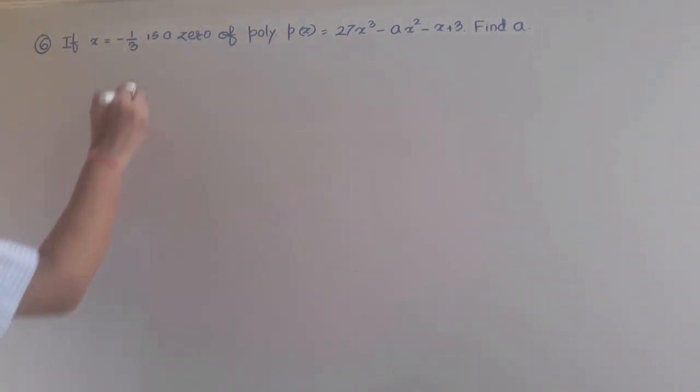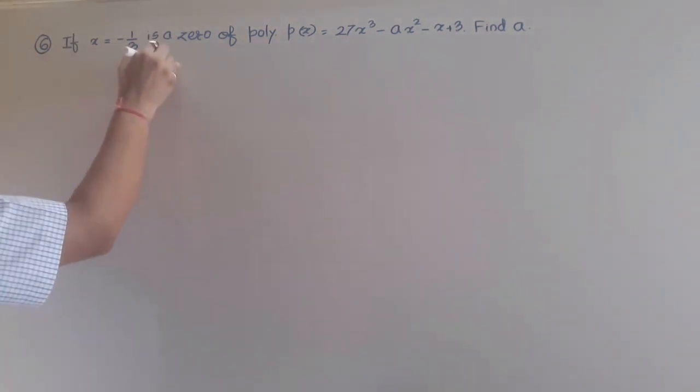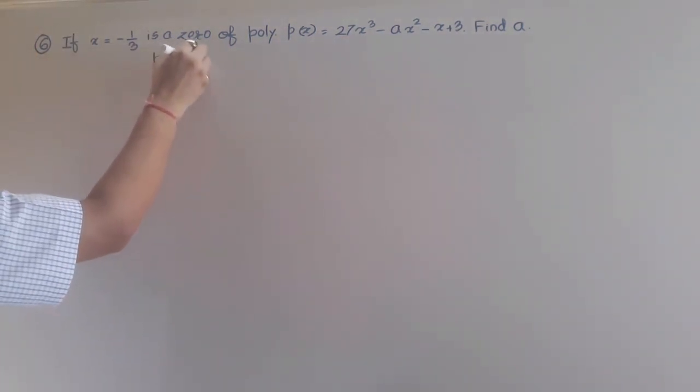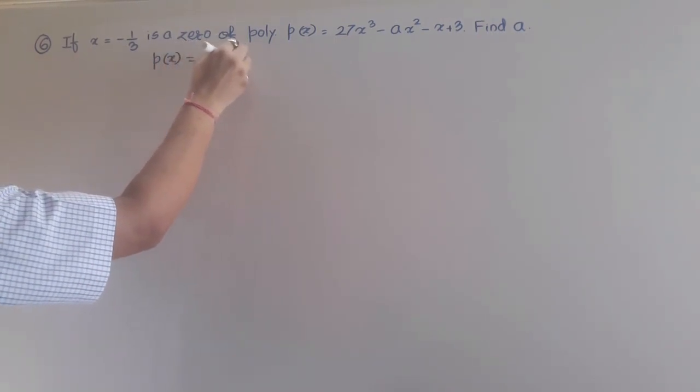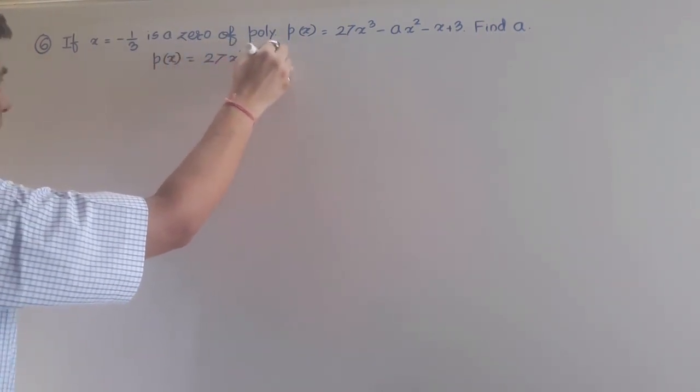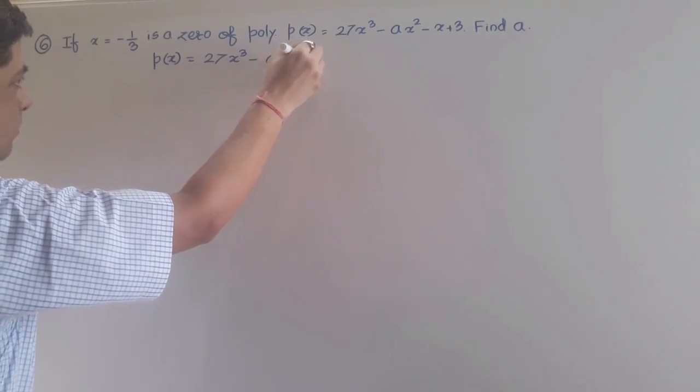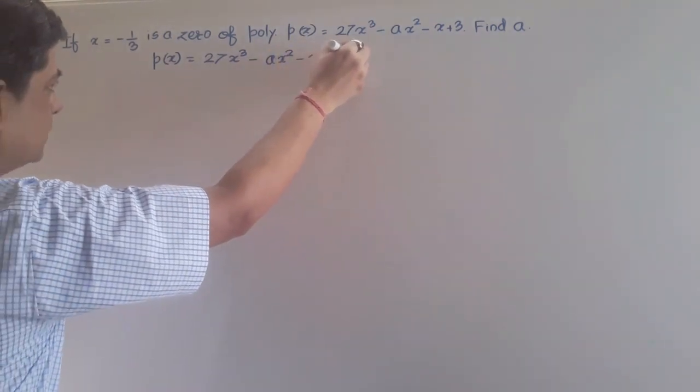So first of all, let us take the value of P of X. P of X is given here: 27x cube minus ax square minus x plus 3.